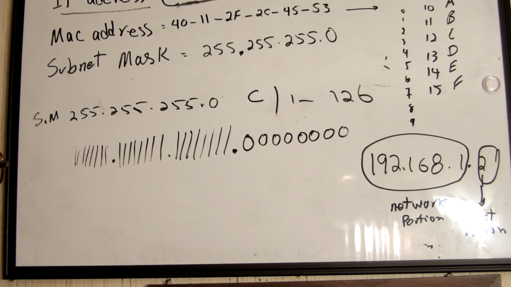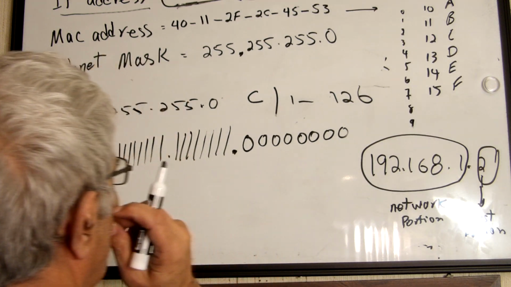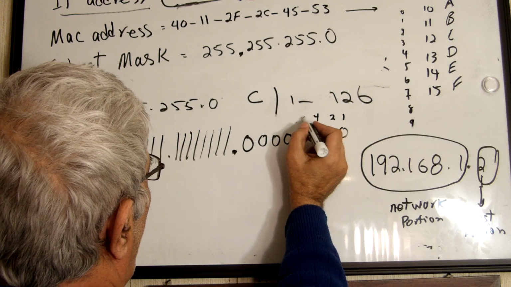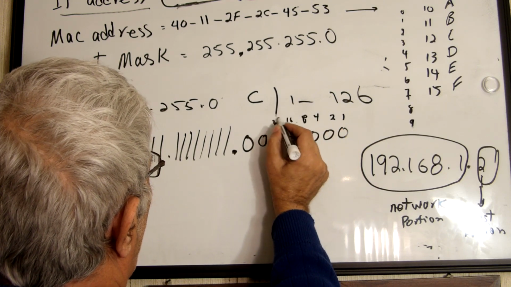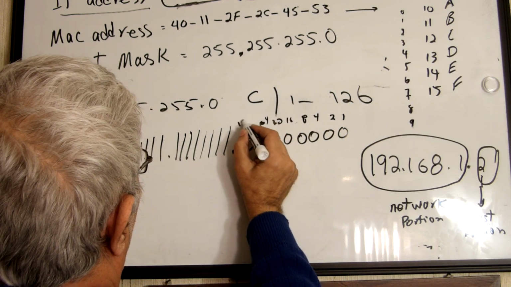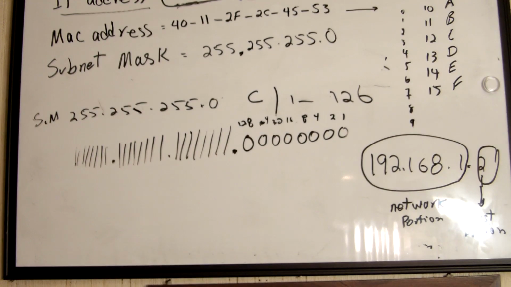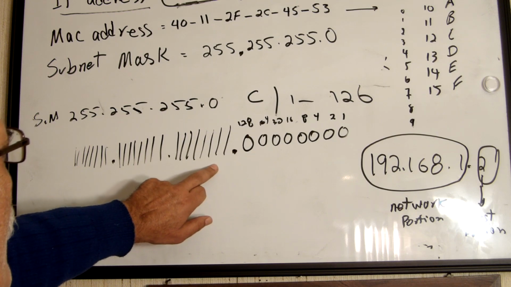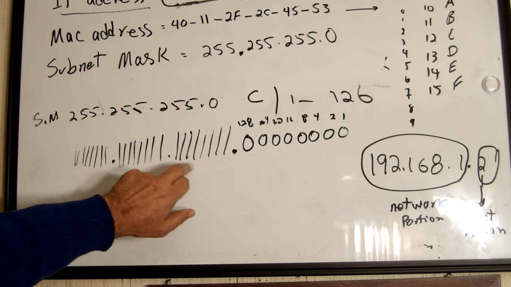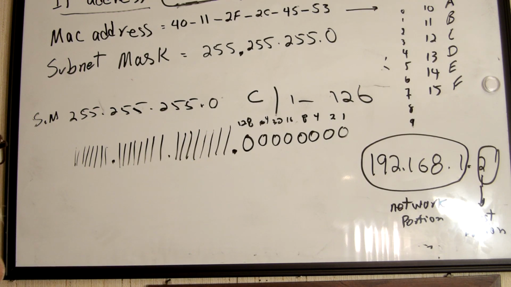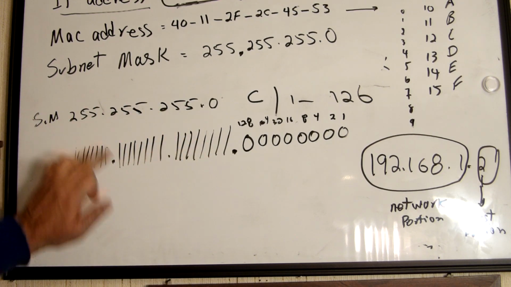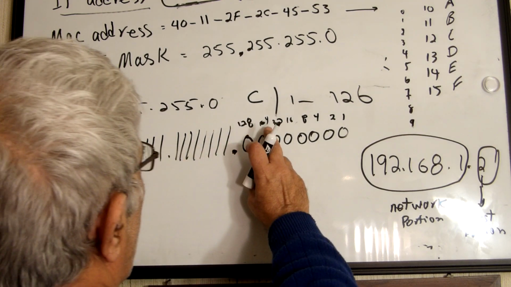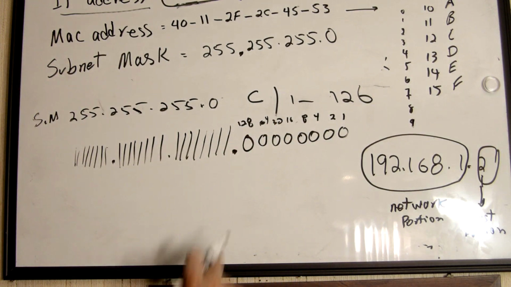For example, this is 1, 2, 4, 8, 16, 32, 64, 128. These are all 0. And the same thing: 1, 2, 4, 8. 8 ones means 255. If you add together 128 plus 64 plus 32, it's going to be 255.